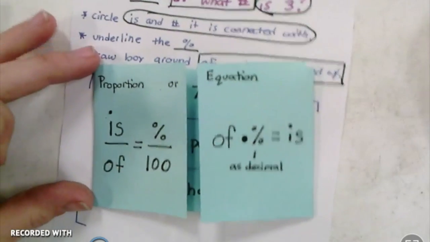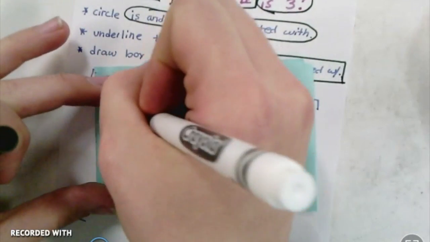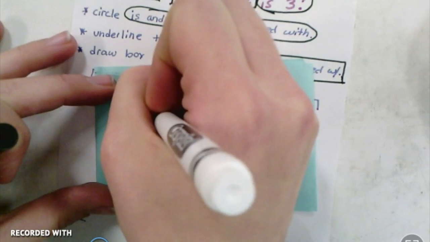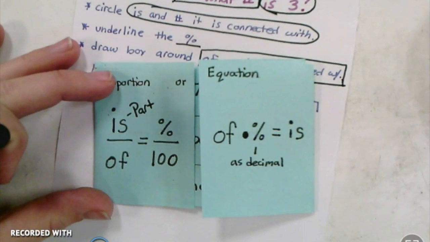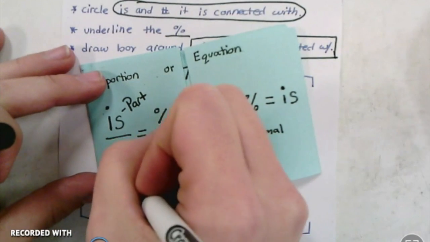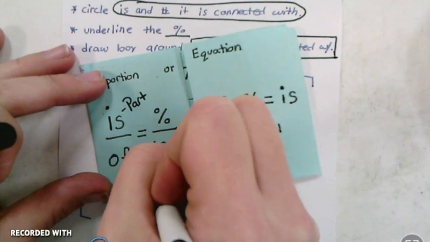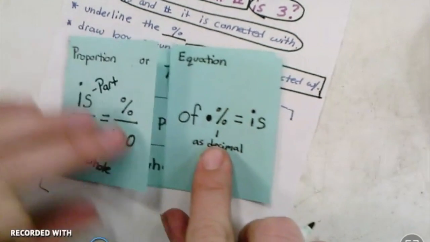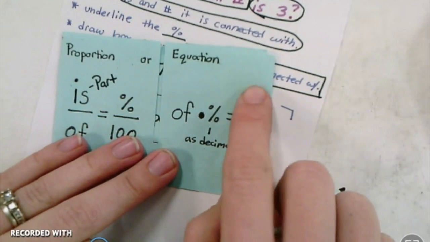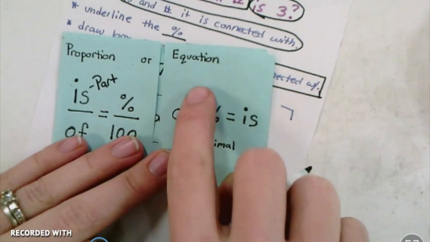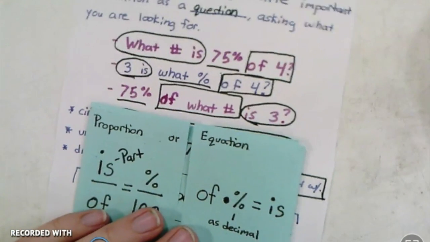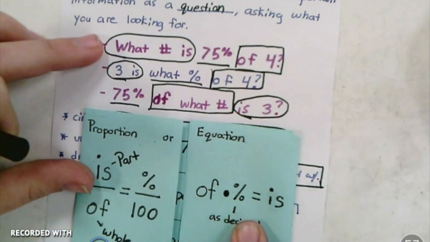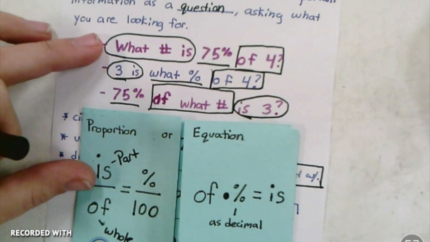Now what you need to know is that the is is always talking about the part. So write that right on your foldable. The is is talking about the part, and the of is talking about the whole. Same thing over here. Your is is your part, and your of is your whole. So if I were to take these questions up here and plug them in, when I don't know what the is is, it's going to be an X, but I always try to fill in what I do know first.